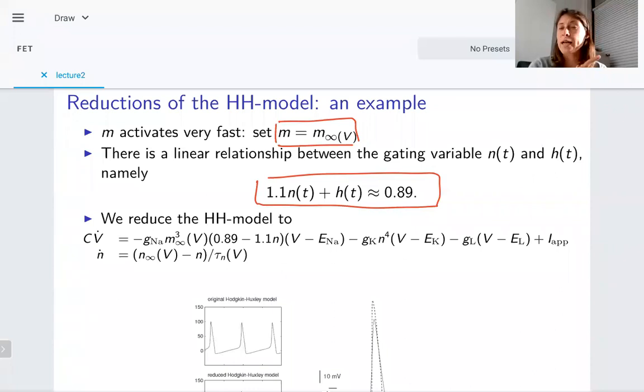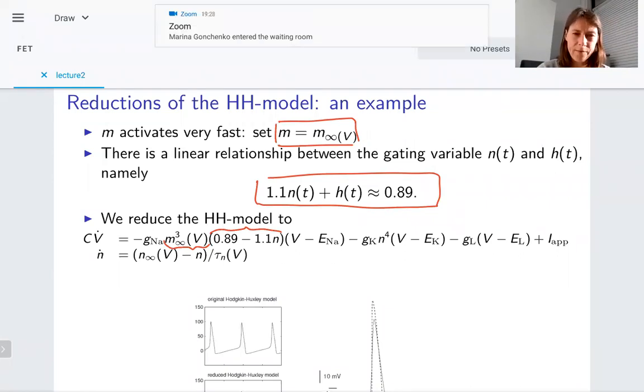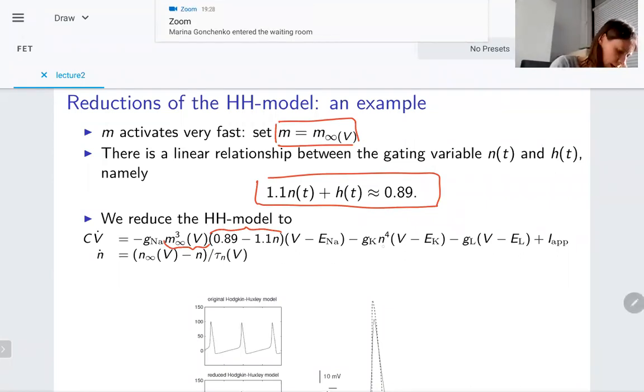This allows us to eliminate one of the 2 equations. So in this particular case, we have eliminated the equation for h and just replaced h by this expression here in the Hodgkin-Huxley model, while we have replaced m by its steady state value here. And what we have is just now a 2-dimensional model with the variable voltage and the gating variable n, which controls the opening of the potassium current.